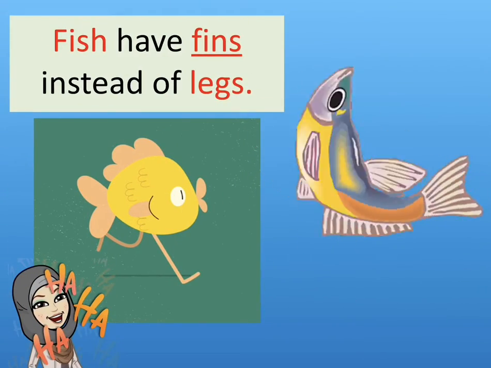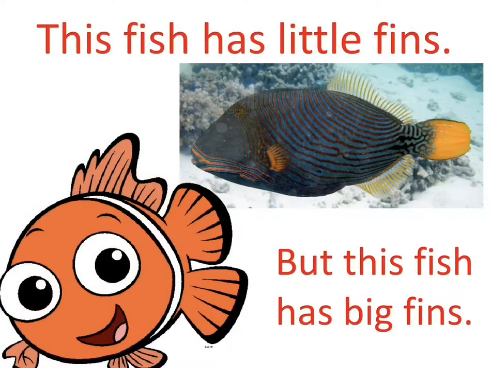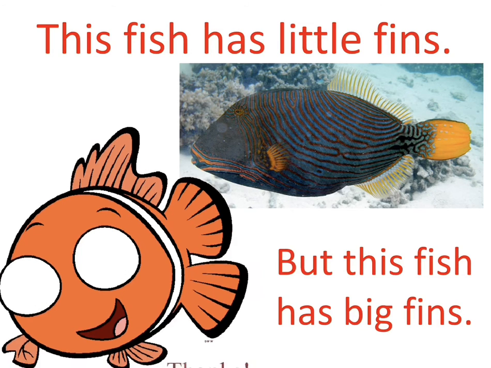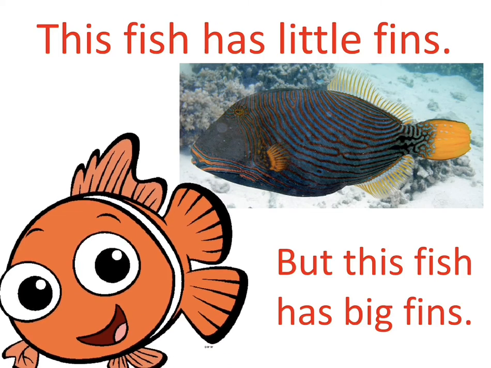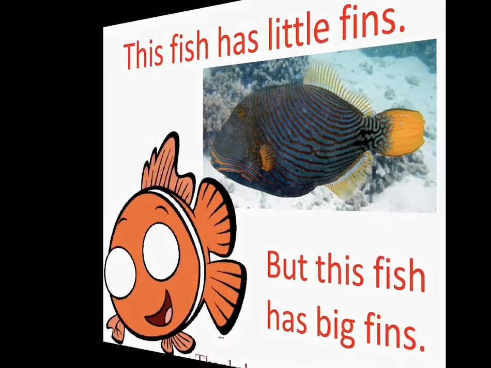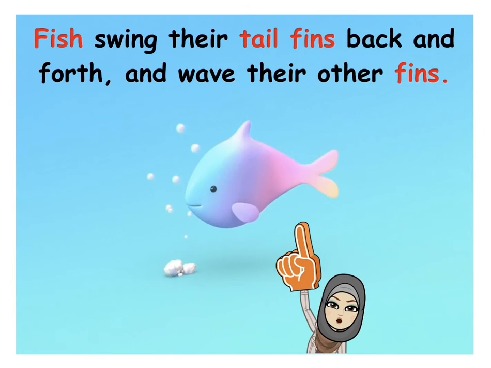Fish have fins instead of legs. Some fish have little fins and some fish have big fins. Fish swing their tail fins back and forth, and they wave their other fins.